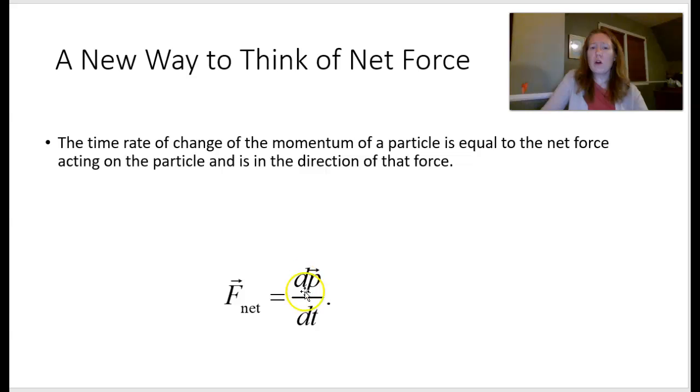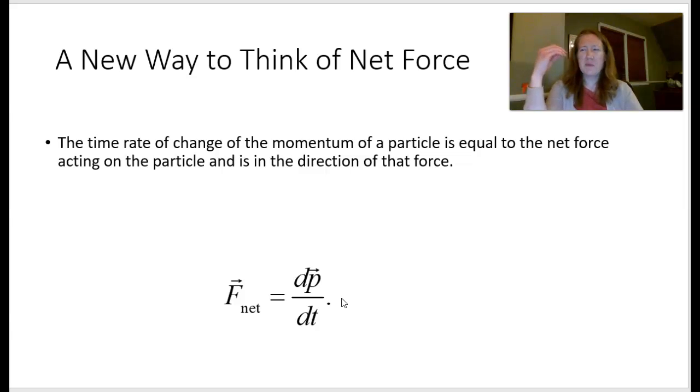Another interesting thing is that we can reimagine net force. We know net force is mass times acceleration, but acceleration is the first derivative of velocity.